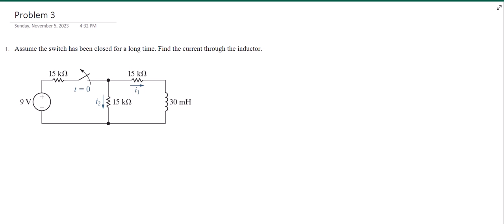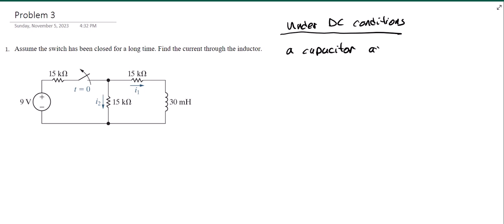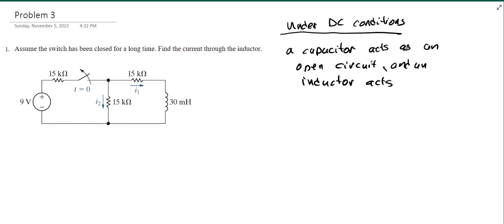Well, under DC conditions, after some time has passed, so DC, we've got a direct current, it's not changing, and you've had time to reach steady state, then a capacitor acts as an open circuit and an inductor acts as a short circuit.